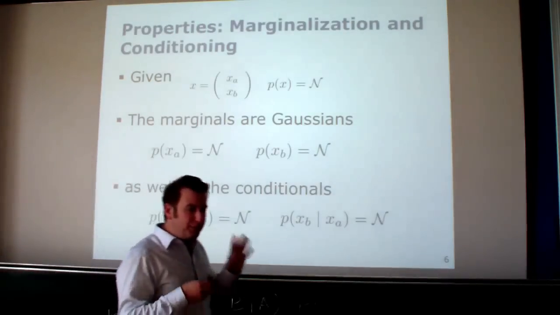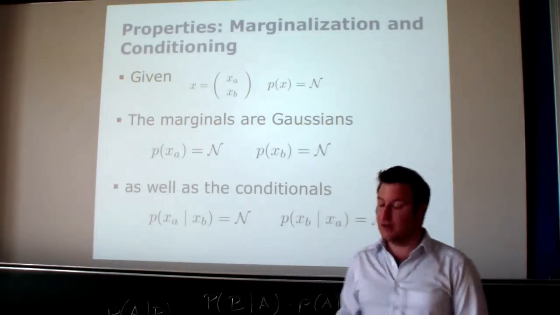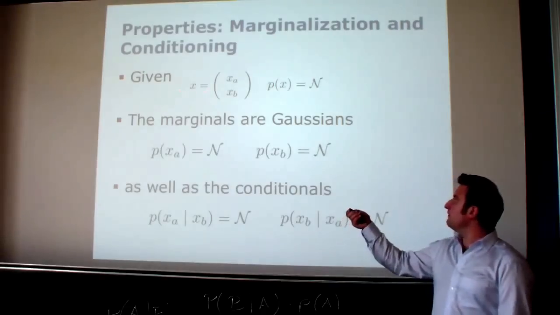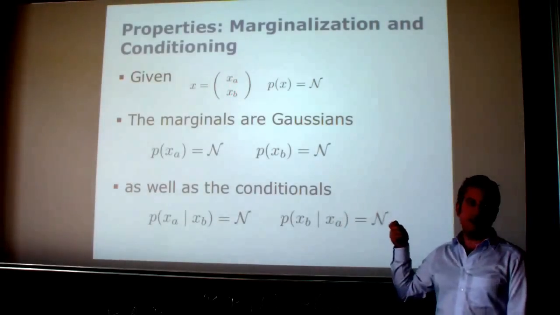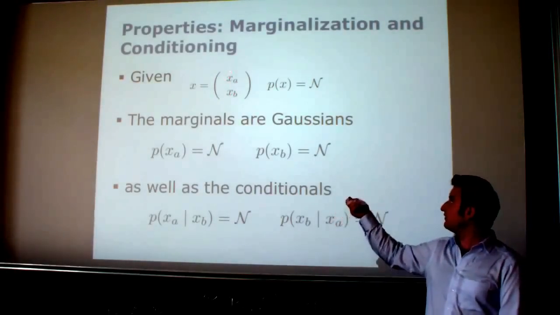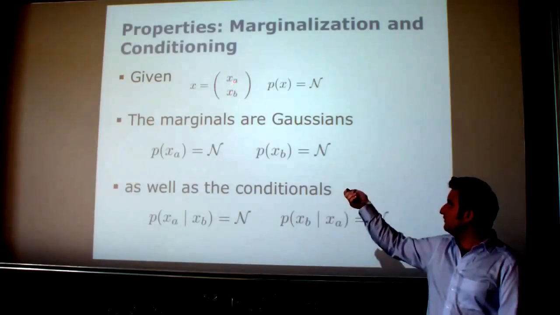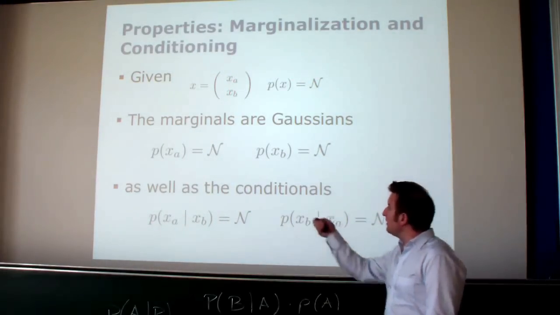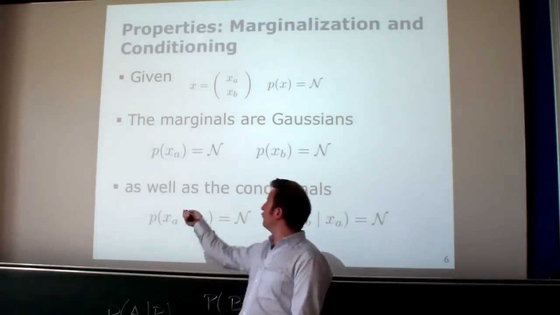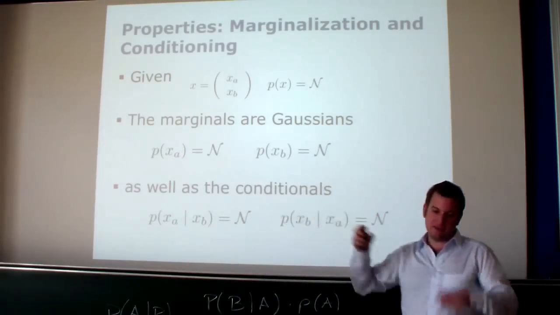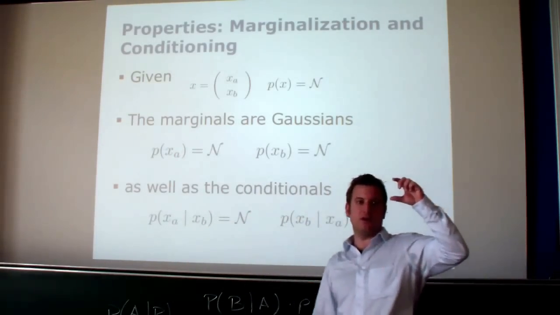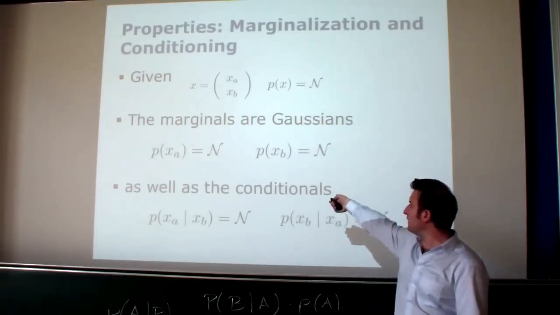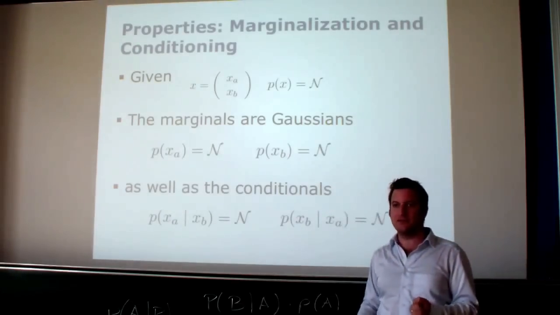And a few properties in terms of marginalization and conditioning of these Gaussian distributions. Given that you have 2 variables, xa and xb, you can split up your variable x into 2 parts, which could even be vectors with multiple dimensions, and they are jointly Gaussian distributed. Then also the marginals are Gaussian distributed, so p of xa, only considering the first block alone, is a Gaussian, and the second block alone is a Gaussian.